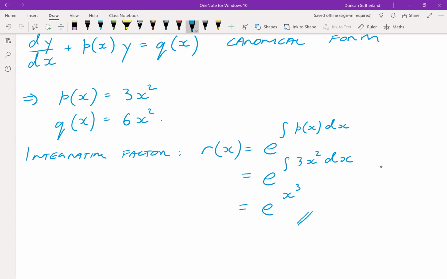Now, remember that the integrating factor, what we do is we multiply through our equation by the integrating factor, like so.